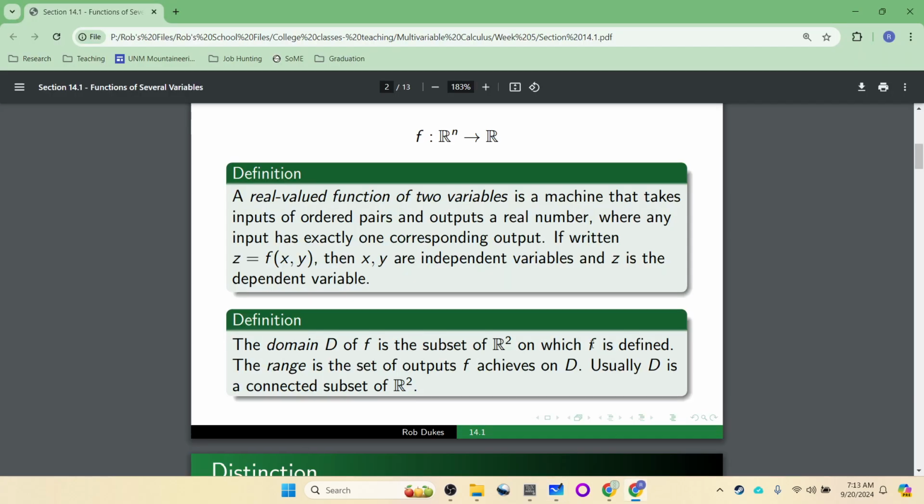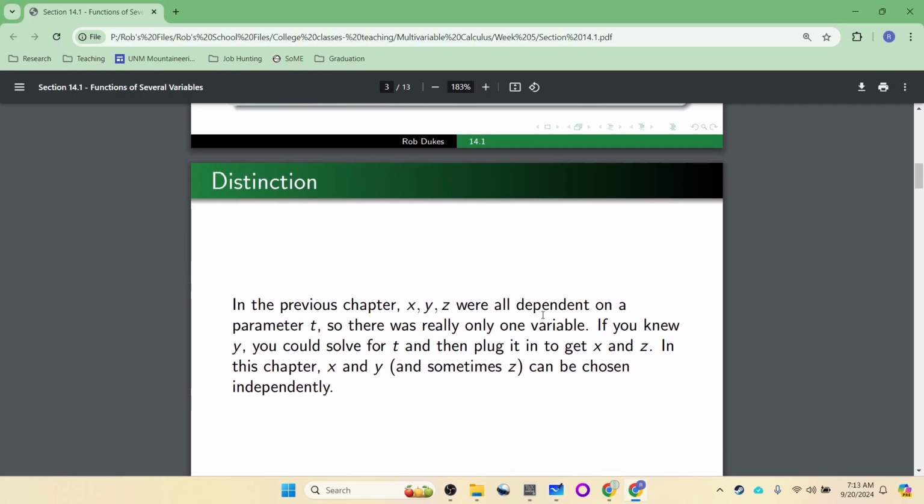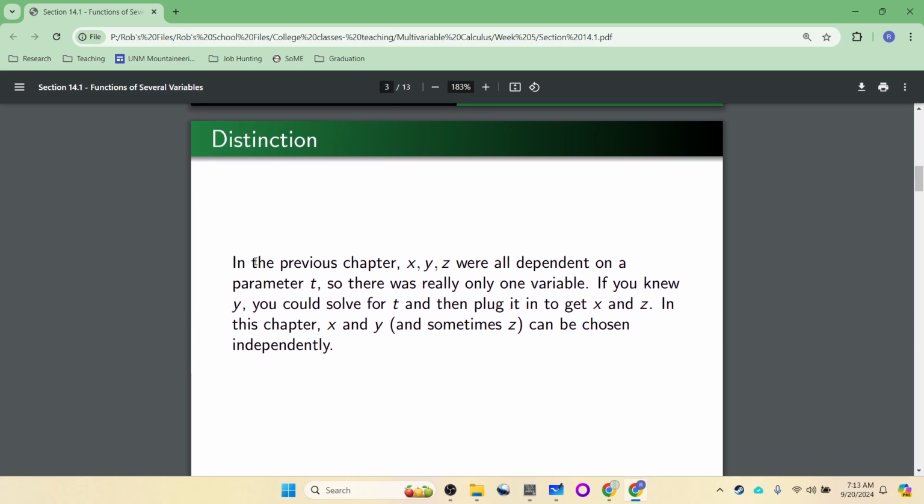All right, we've talked about this again, but I'll say it one more time. Previously, t was the independent variable, and x, y, z were dependent variables. So in the past, you might think, hey, we already dealt with multiple variables when we had a line, where we had x, y, and z all plugging in, so the line was based on 3 variables.